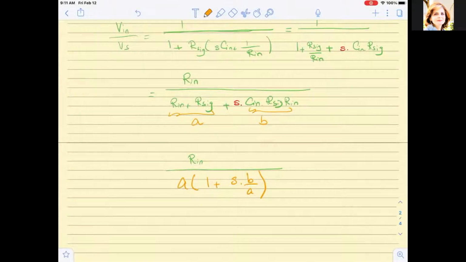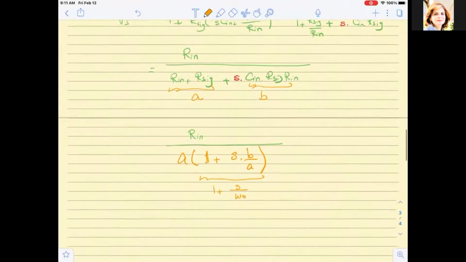Because anytime I want to determine my system in terms of poles and zeros, I want to make sure that I have the denominator in the form of 1 plus S over omega 0, so I will start to figure out the different individual poles and zeros.